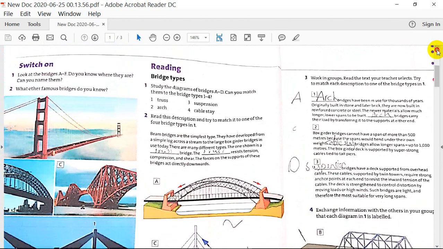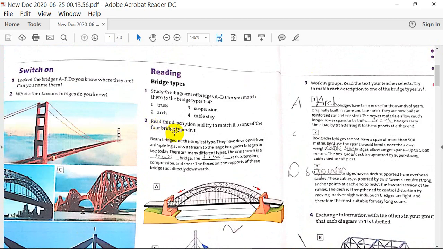So the second question is about what? Read this description and try to match it to one of the 4 bridge types in one. Number 1, beam bridge. When I say there is a similarity between beam and truss, they say beam bridges are the simplest type.